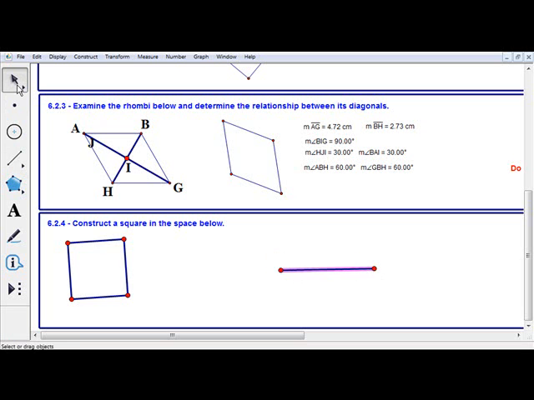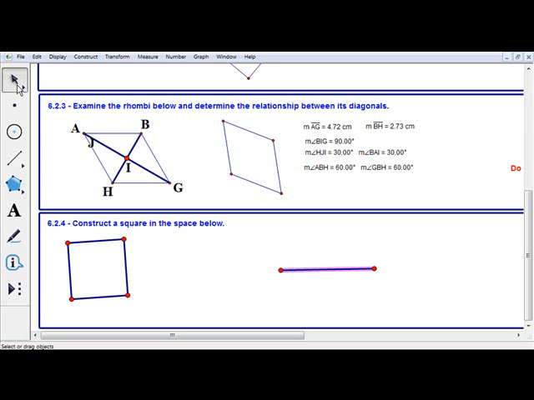Okay. What would I need to do in order to create the other diagonal? Okay, so the fact it's a rectangle means diagonals are what? A rectangle has diagonals that are congruent or equal. Okay, so we know we have to have another diagonal that's the same length.